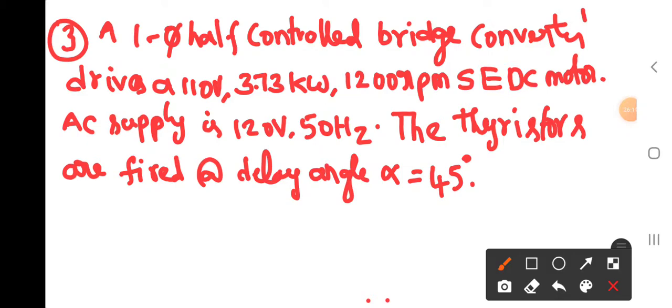The motor current is 15 amps and is assumed to be ripple free.